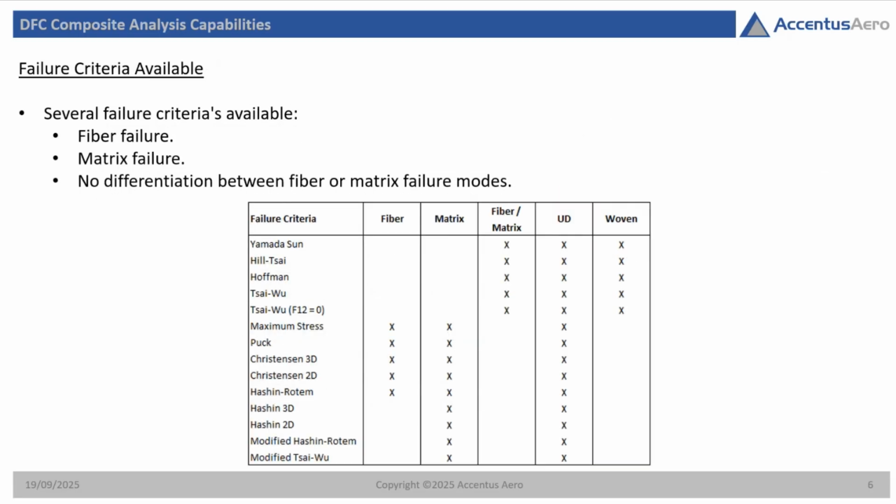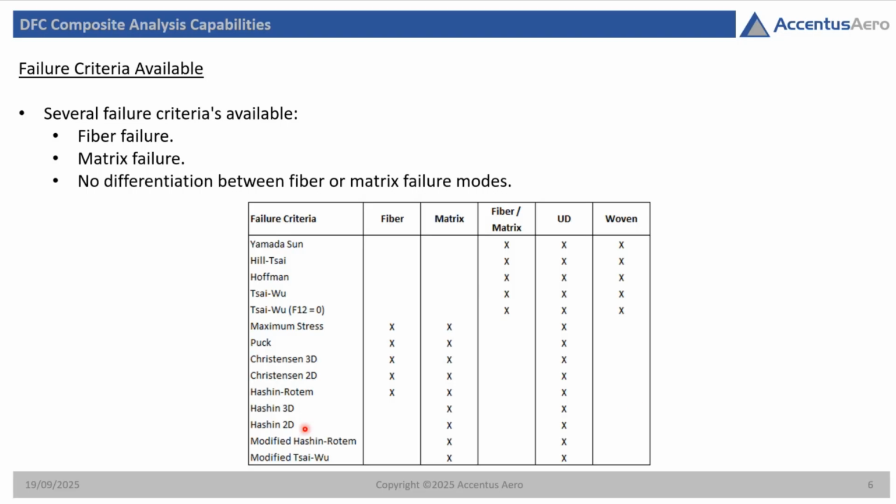All right, so let's look at failure criteria. We have several failure criteria available in DFC. There are basically three groups. One just looks at the failure of the fiber. The other group just looks at the failure of the matrix. And the third group has no differentiation between failure modes.